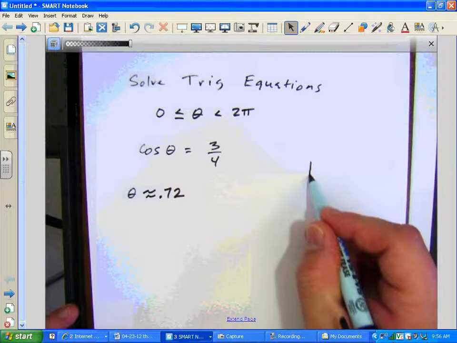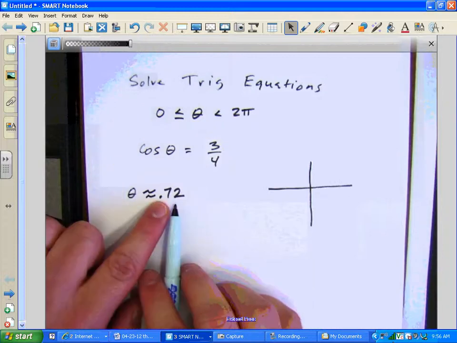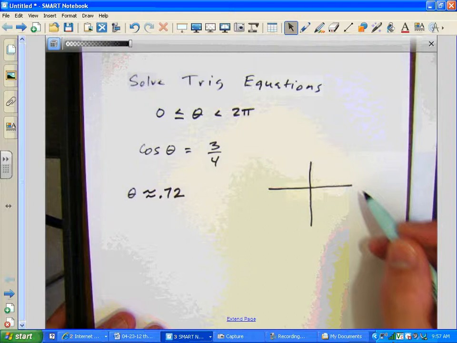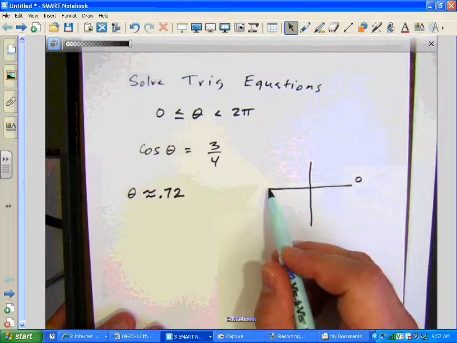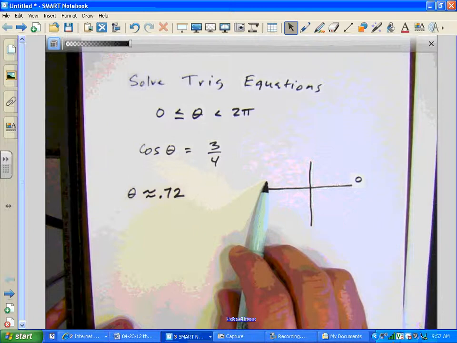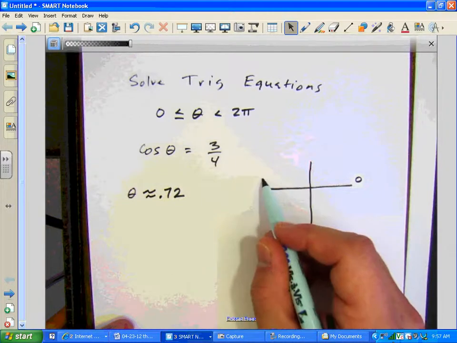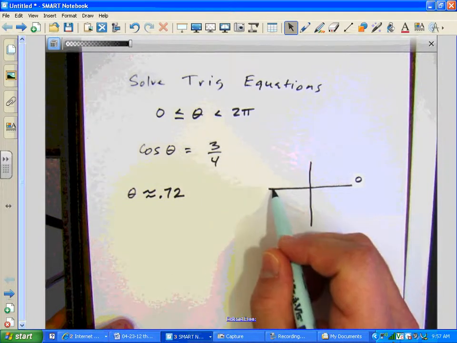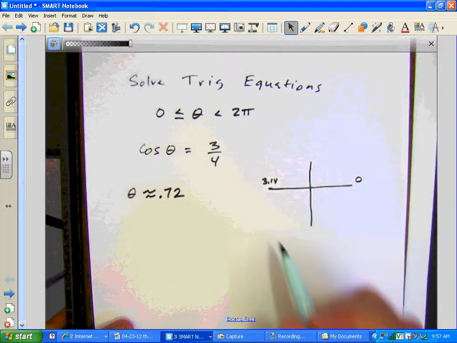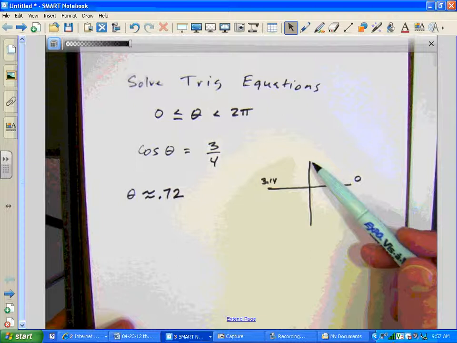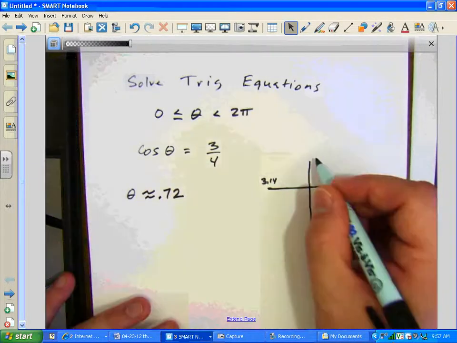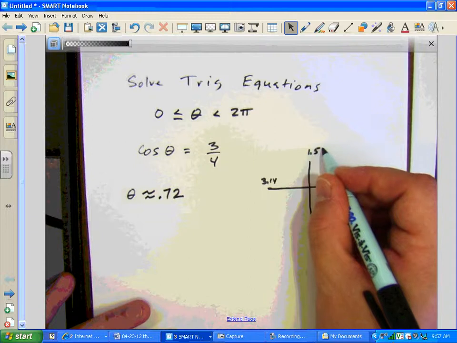But since this is in decimal form, what we need to look at is our angles in decimal form. This one would be 0. And right here we'd say pi, but how would we write that pi in decimal form? That would be 3.14. Now this would be half of that. If you didn't know it, you could say pi over 2 on your calculator, which gives you about 1.57.